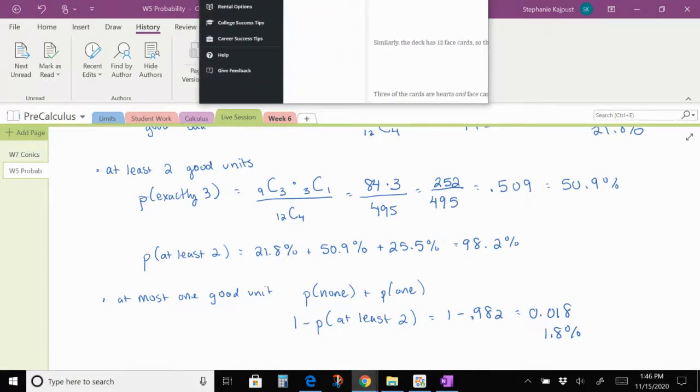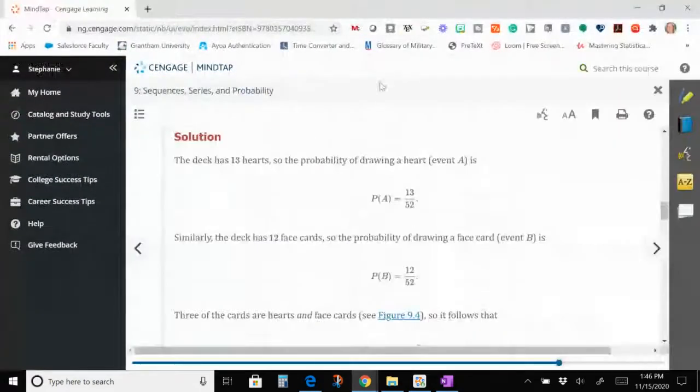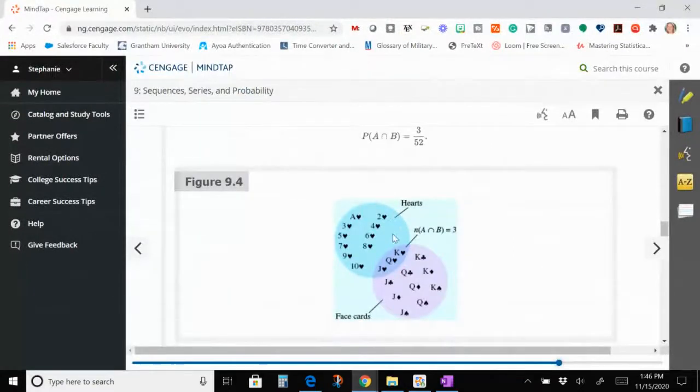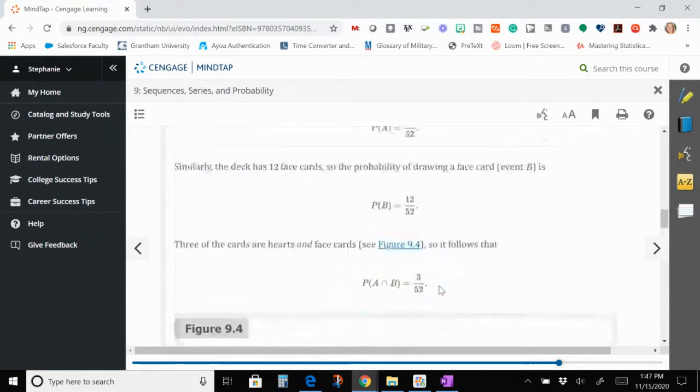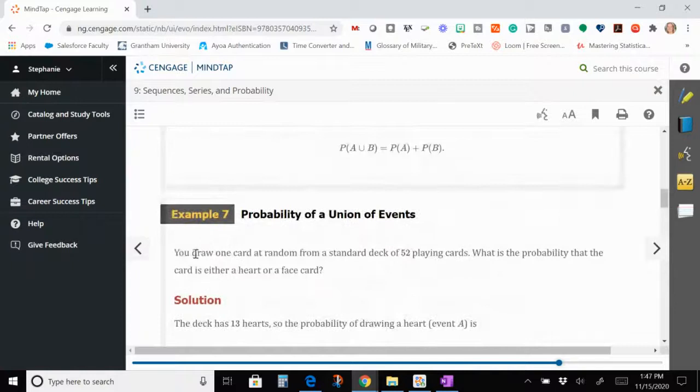Actually, let me just drop down the textbook here, because they have a picture with hearts and face cards. So there is some overlap here, because you have some cards that are both hearts and also part of the face cards. In this situation, you're drawing one card at random.